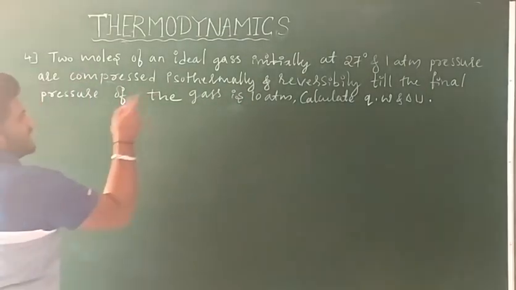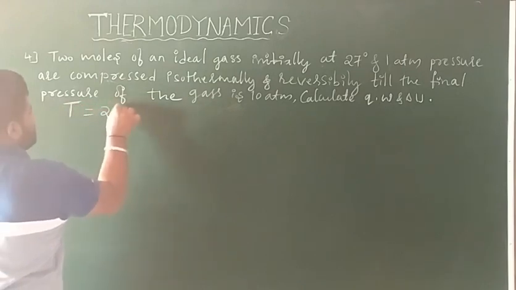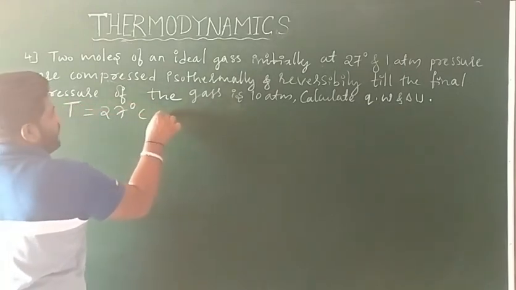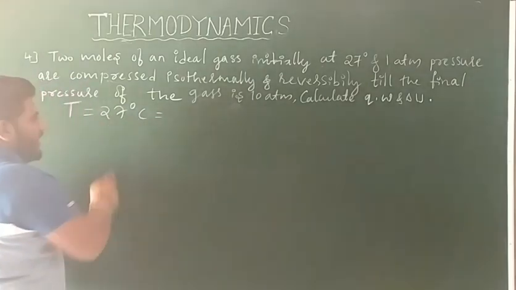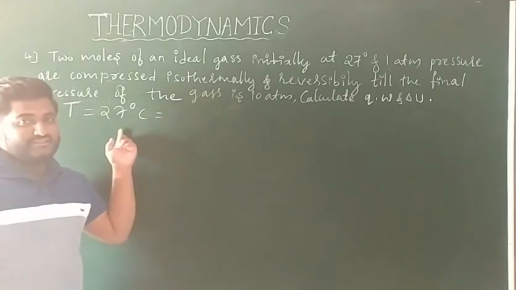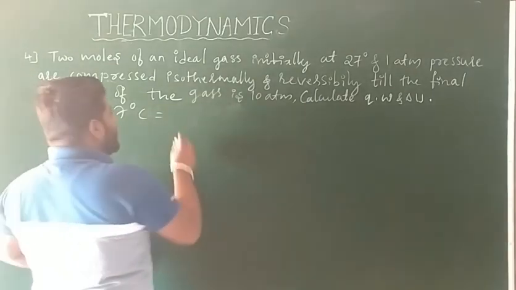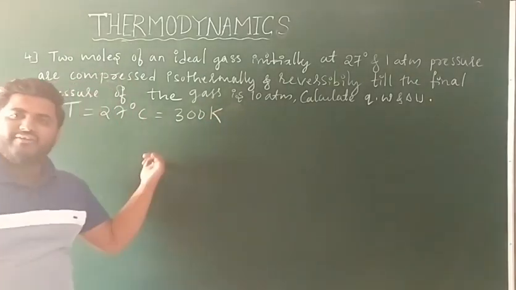They have given the temperature, 27 degrees. We have to convert it into Kelvin first. Whenever degree is there, how to convert into Kelvin? Add 273. 27 plus 273, you are getting 300 Kelvin. Why do we have to convert into Kelvin, guys?